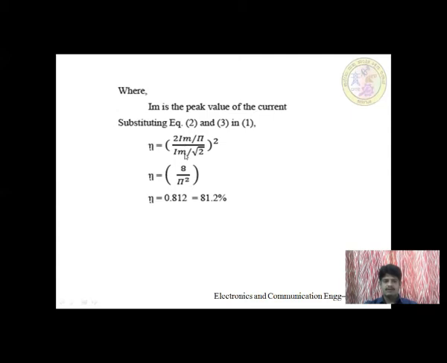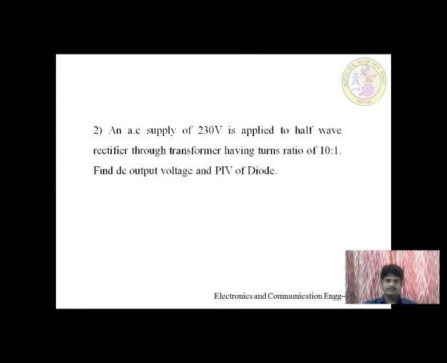Here also Im will get cancelled, and the denominator of the denominator goes to the numerator, and this denominator comes here. When you simplify this, it becomes 8 divided by pi square. If you simplify this, you will get 0.812. If you want to calculate in terms of percentage, just multiply with 100, and you will get 81.2%. So this is the solution for the first problem.